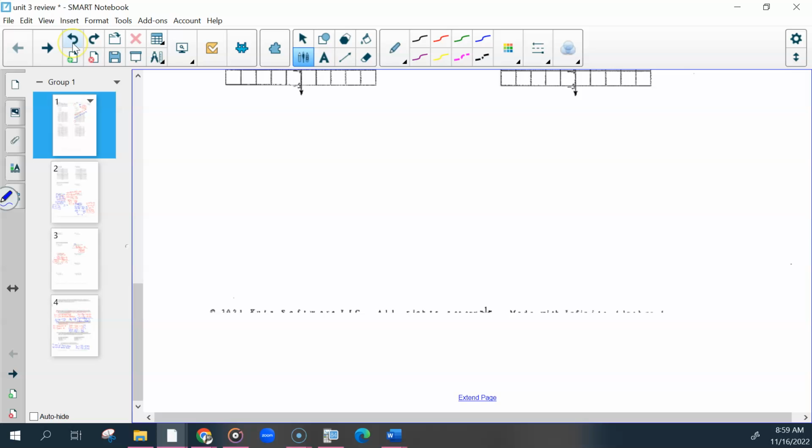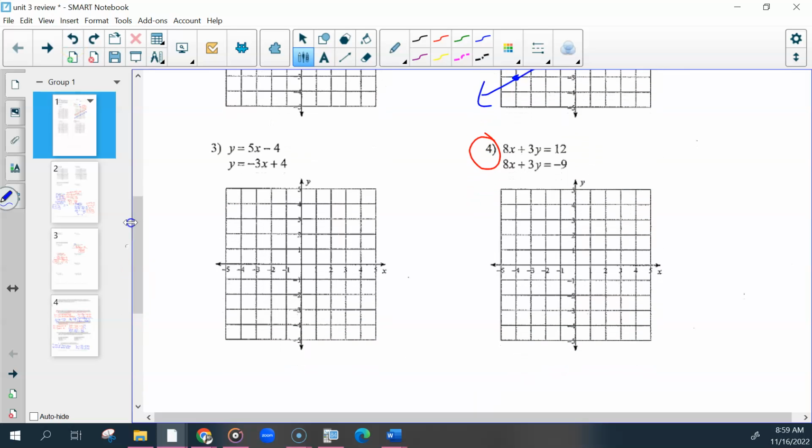Going back to number 4 on the front. To solve both of these equations, get y by itself. Subtract the 8x. I'm going to do that simultaneously. After you subtract the 8x, divide everything by 3.